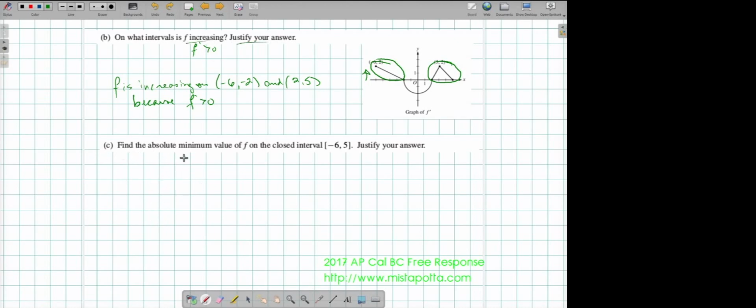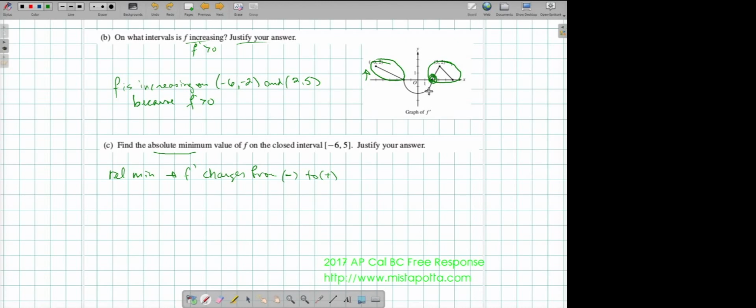On part C, it says find the absolute minimum of f on the closed interval -6, 5. Justify your answer. Keep in mind that it's easy to find the relative minimum. It's going to be wherever f prime changes from negative to positive. And that happens at this point here.